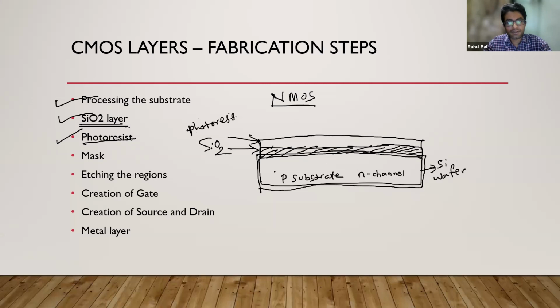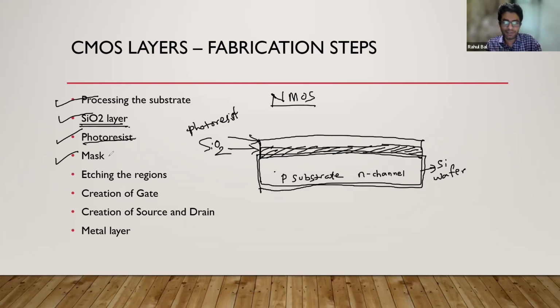The first layer is your substrate on the wafer, then SiO2, then photoresist. After that, the mask is there. Now, what is a mask? It is like a trace paper. Have you used trace paper?